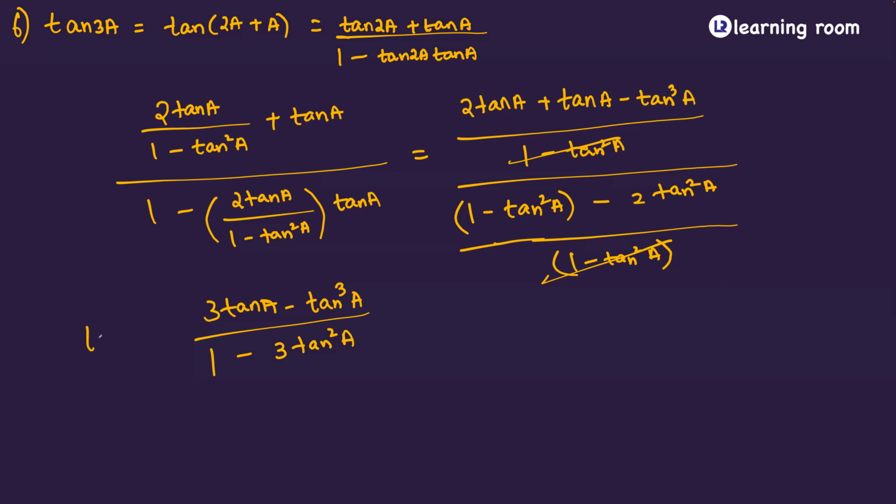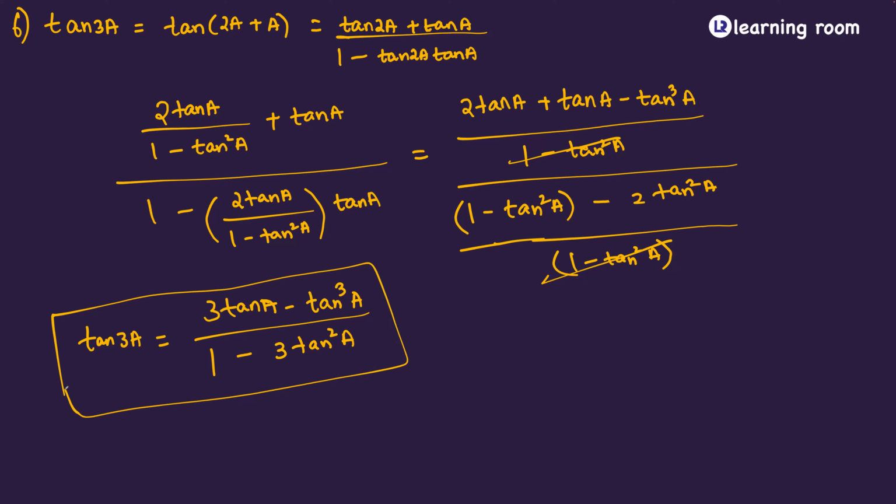And this is going to be the expression for tan 3a. So it is basically 3t minus t cube by 1 minus 3 t square.